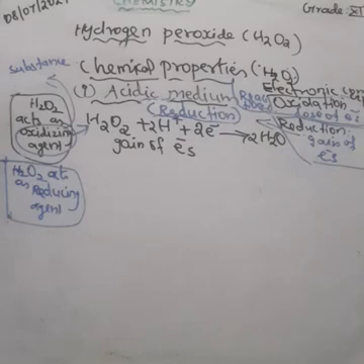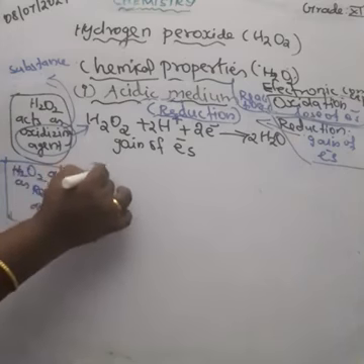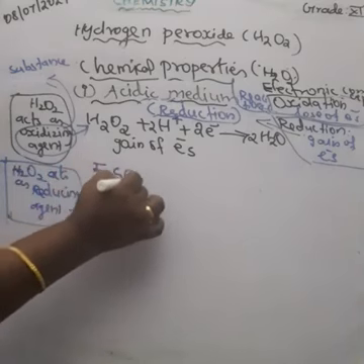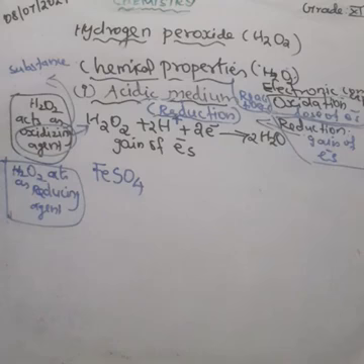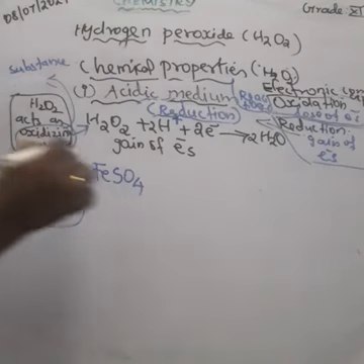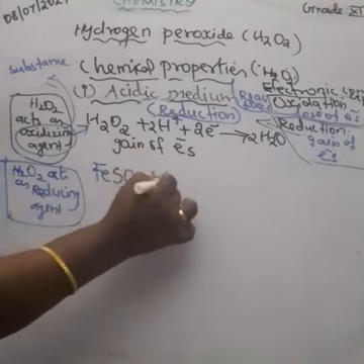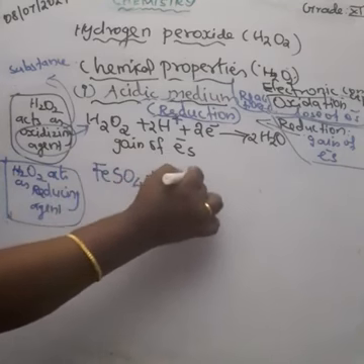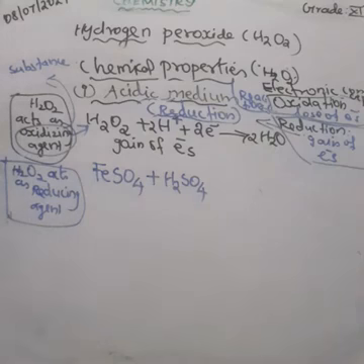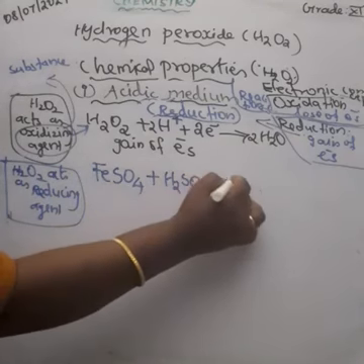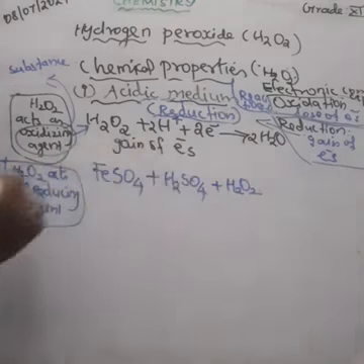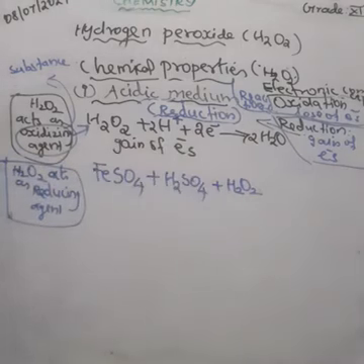Okay, and for an example of this reaction, take ferrous sulfate. What is the formula for ferrous sulfate? FeSO4. In acidic medium, sulfuric acid is added here. Sulfuric acid reacts with the ferrous sulfate and hydrogen peroxide.